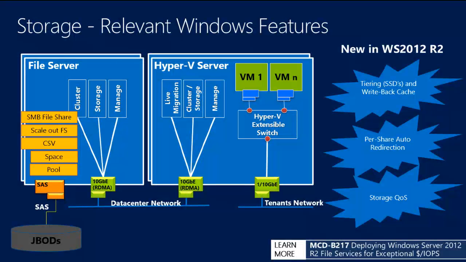If you look at what we've improved in 2012 R2, it's around tiering, write-back caching, the automatic redirection to the right node in the file server scale-out cluster that handles a specific pool or space. There are storage cross features. All of that are covered in details in dedicated sessions. But this is where the relevant features come together.